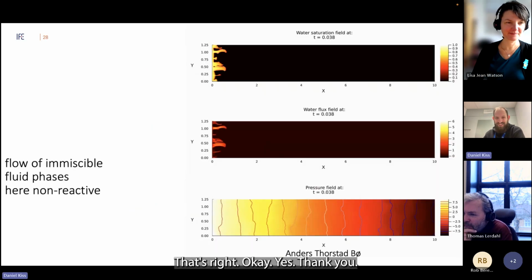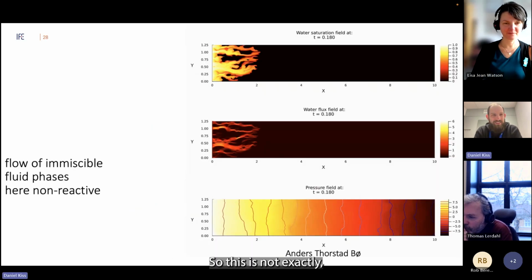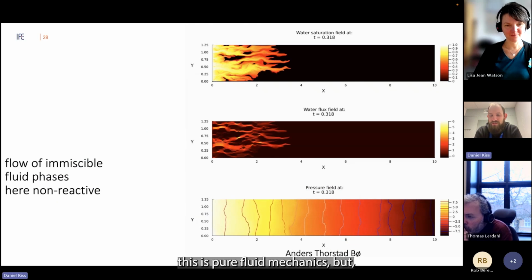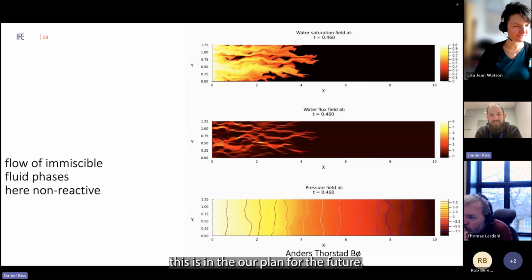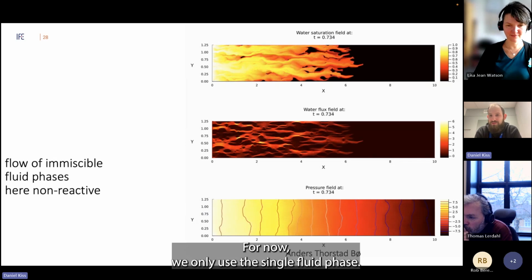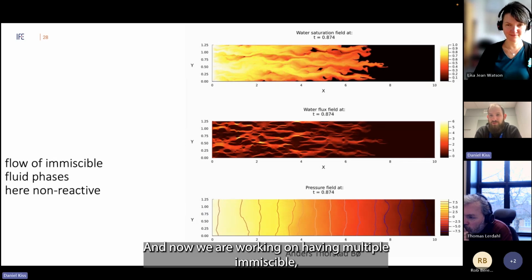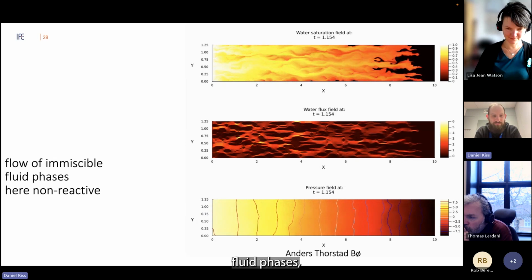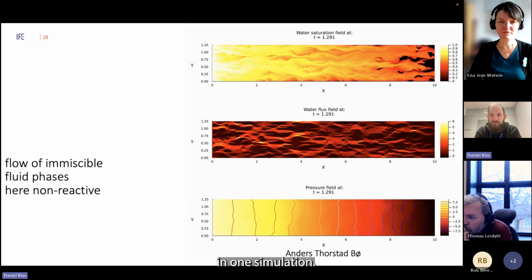Thank you. So this is not exactly pure fluid mechanics, but this is in a way our plan for the future. For now, we only use a single fluid phase, and now we are working on having multiple immiscible fluid phases in one simulation.